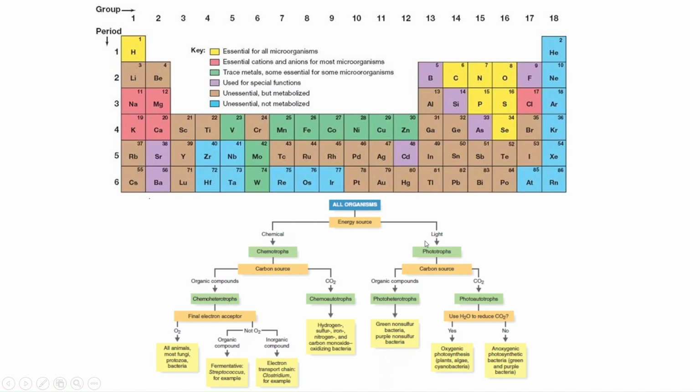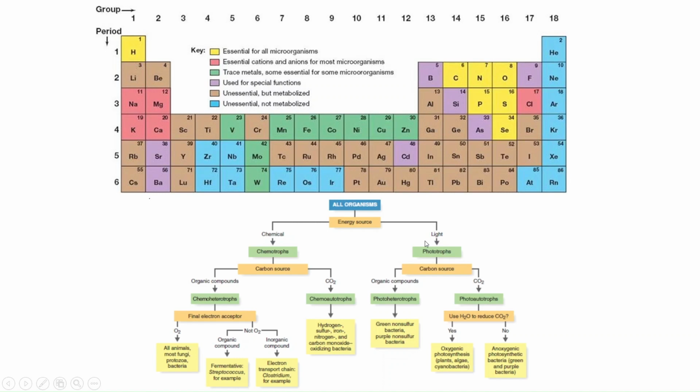Like us, we take our organic compounds as food, so we are known as heterotrophic organisms, right? In autotrophs, they take in the carbon dioxide, fix it into glucose or something, and then they undergo glycolysis, and their biochemistry functions that way. So that is known as chemoautotrophs.